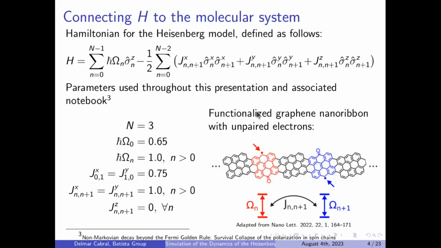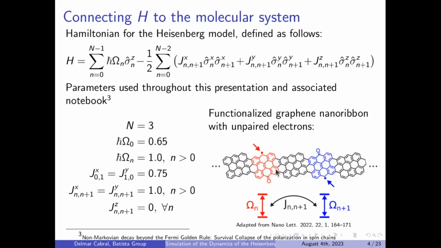To bring this connection more closely, think that each of these radicals at each site has a transition energy between the one spin state and the other, given by this omega n, which is the on-site coupling. And then the interaction between this radical on a given site with one in an adjacent site will be given by these J n plus 1 terms.